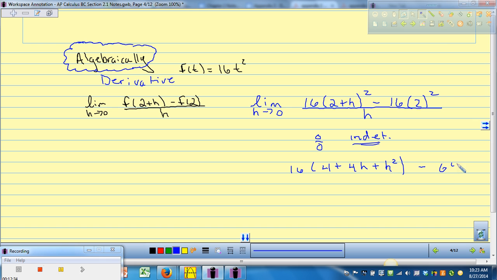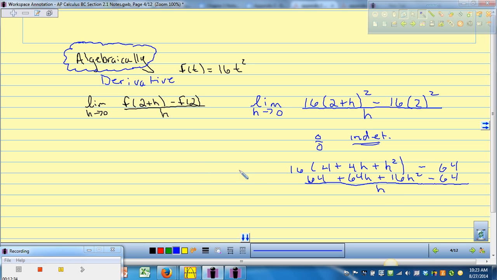When we multiply through, we get 64 plus 64h plus 16h squared minus 64, all over h.